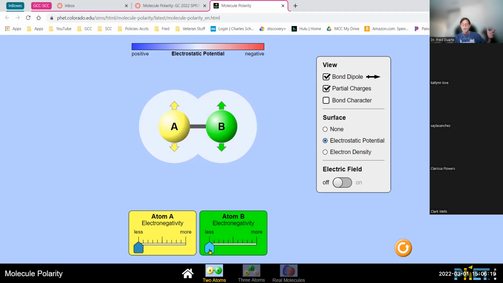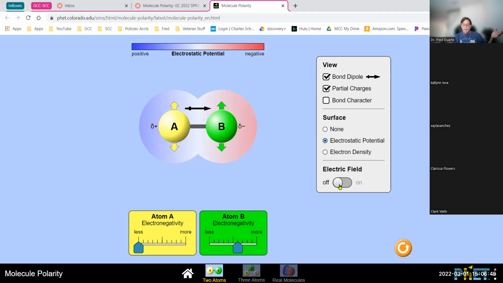So now I have a carbon-nitrogen bond, and nitrogen is a lot more electronegative than carbon. Therefore, it has a higher EN, which means it's pulling the electron density toward itself, and the arrow is pointing to B, which represents nitrogen in this case.